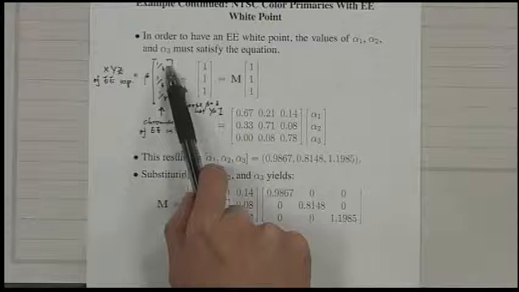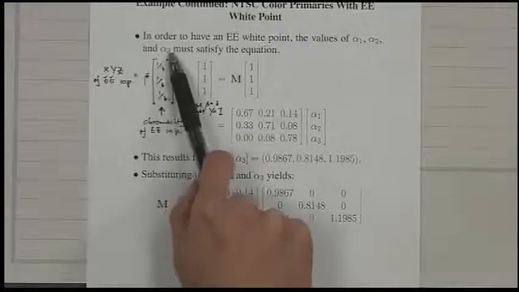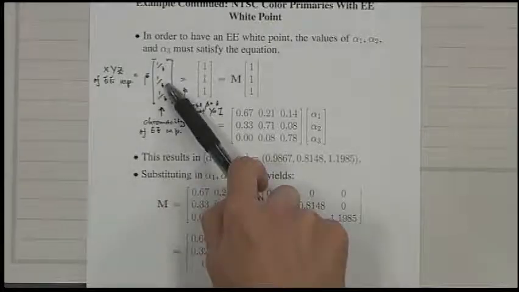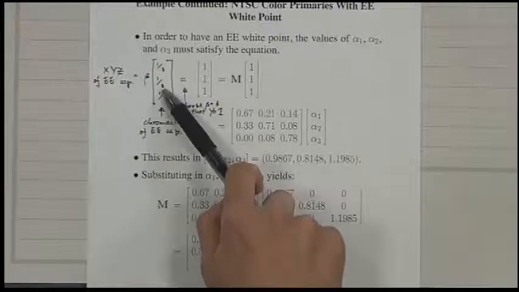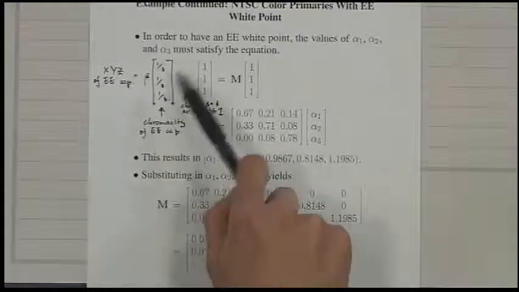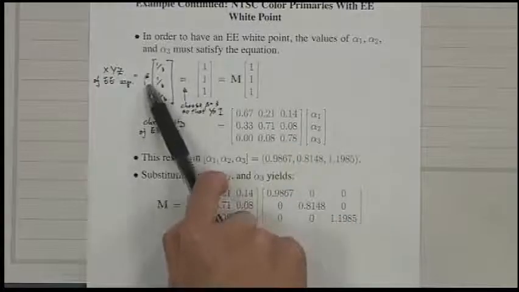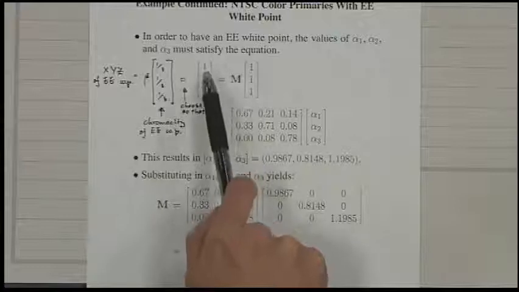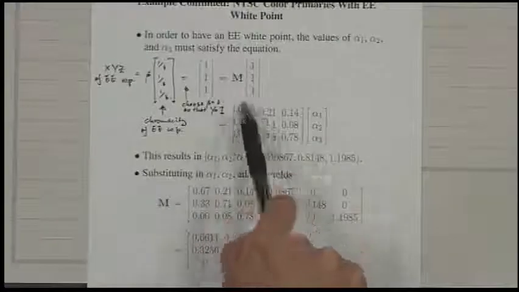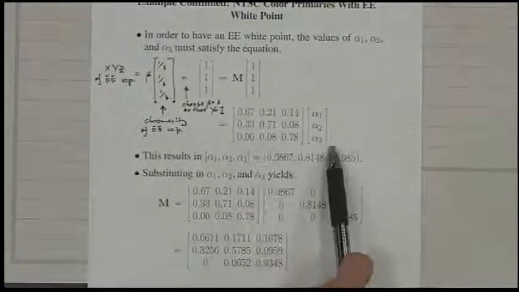So the result of this would be the XYZ coordinate. We look at the second coordinate, which would be beta over 3, and we normalize this number to 1. So we choose beta equal to 3, and so we get 1, 1, 1 equal to M times 1, 1, 1, which is the second line.